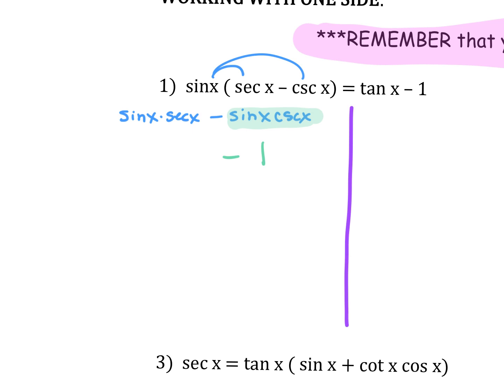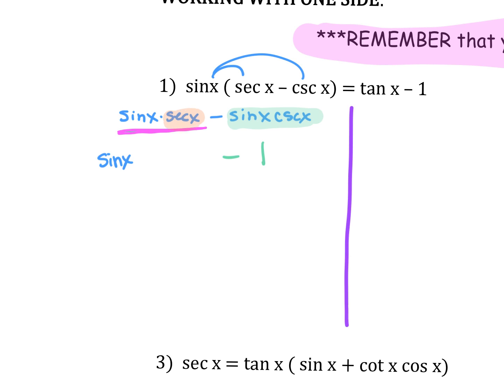We're getting close to what we're trying to get to. We need to simplify this. Sorry, let me change colors. Let me color code this. So let's go ahead. We'll keep the sine x the same, right? We already have a sine, so let's keep it as a sine. But let's rewrite this secant x. How can we rewrite that secant x?